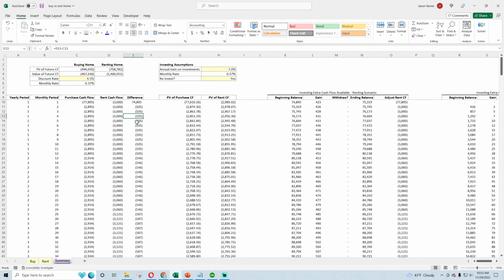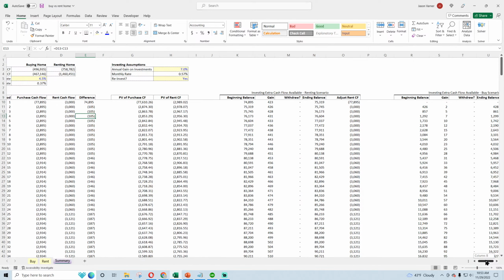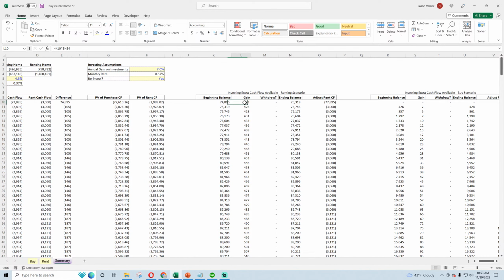So now your rent is actually more expensive, so you're saving money by buying in this case. So you can reinvest that savings just like we can reinvest the savings if we were to rent and save money. So in this case, this investment amount is only going up by the gains for the rent scenario. It's not going up by this 105.